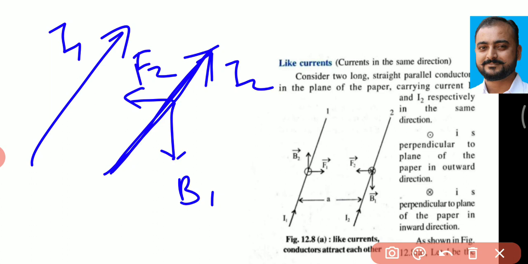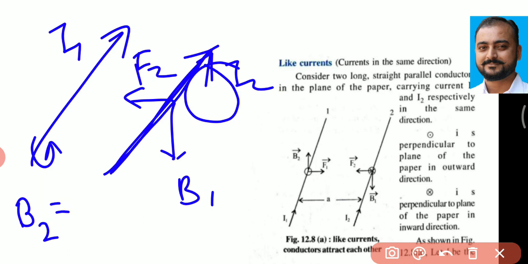As it carries the current I2, it produces a magnetic field, produced by the second conductor and experienced by the first conductor. As it is experienced by the first conductor, we call the magnitude of this one B2, because this is the magnetic field due to the second conductor.